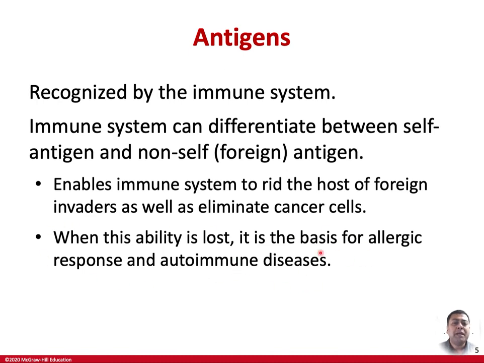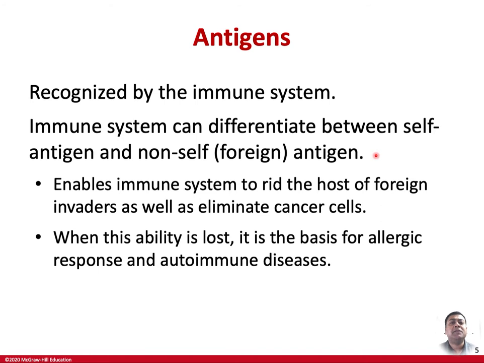So the second thing is that the immune system can differentiate between self-antigen and non-self or foreign antigen. In our body, we have these thousands and thousands of different proteins and the glycoproteins. And our immune system do understand which are the molecules or the antigens are self. That means these are the molecules present in the host or the human being. And they can distinguish the ones which are not present in the human body, which are non-self, as foreign.